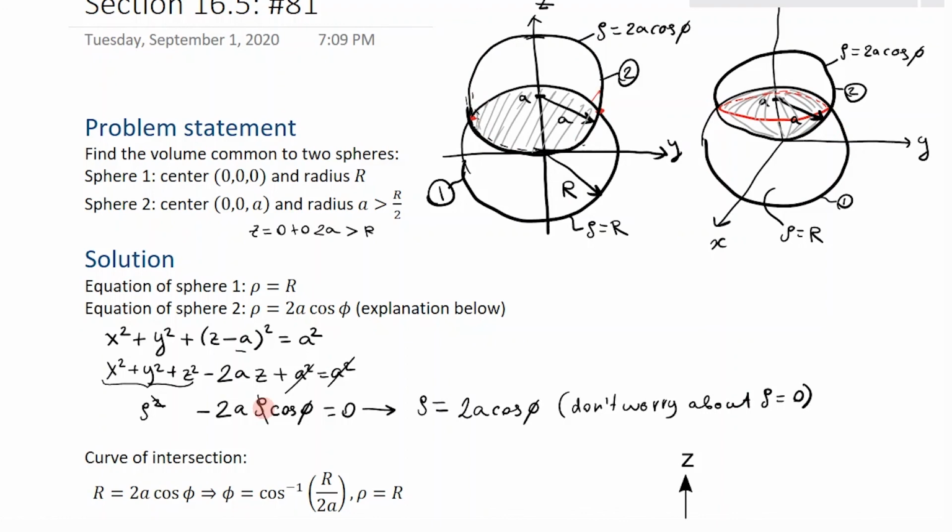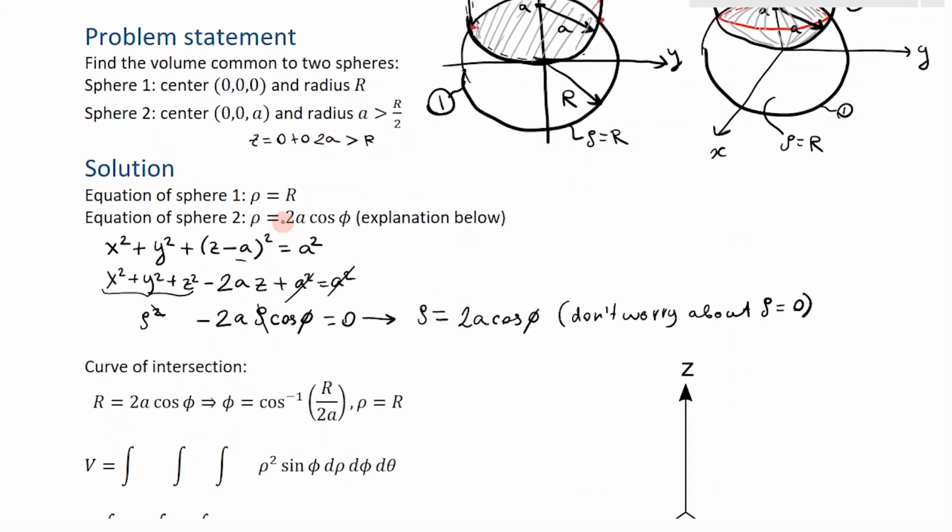So we need this guy to equal r. That's what I wrote here: r equals 2a cosine phi. Next, I solve for phi, so I divide both sides by 2a.